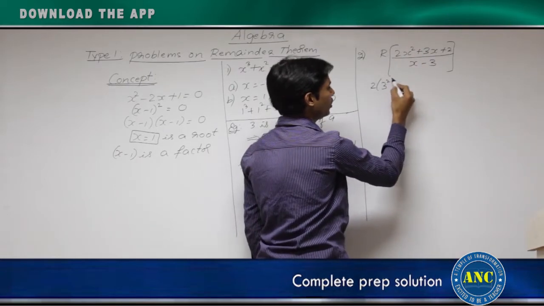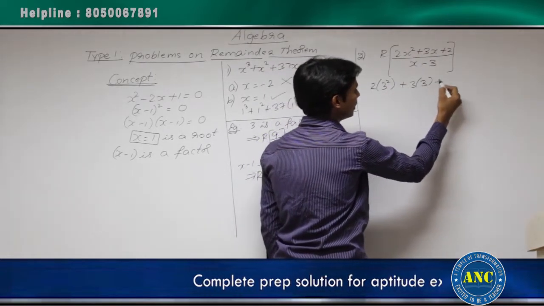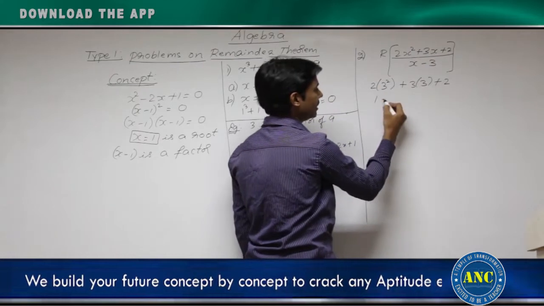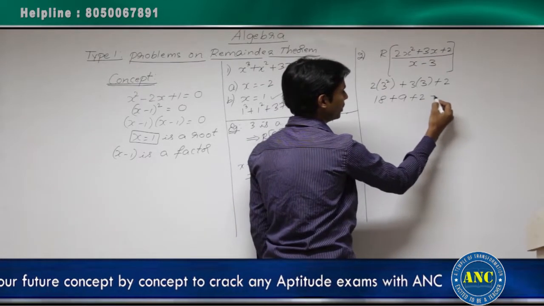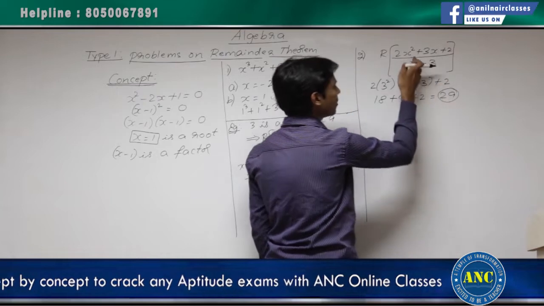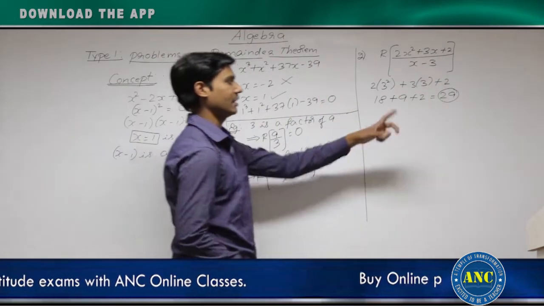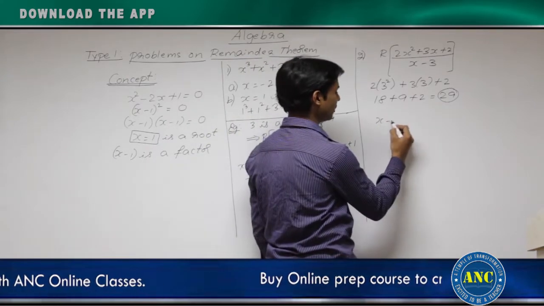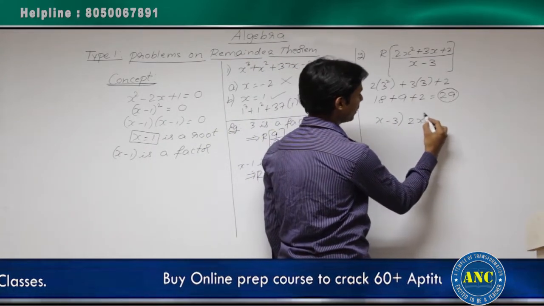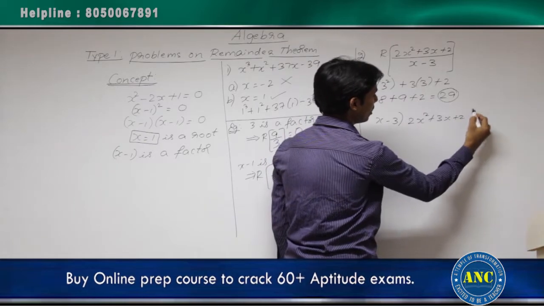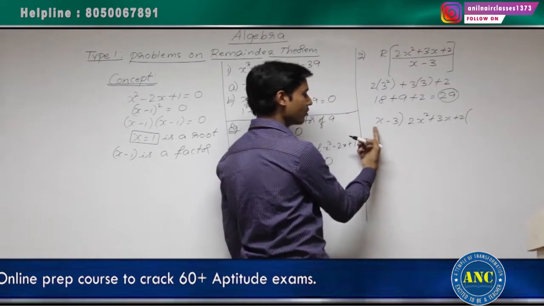So it is 2 into 3 square plus 3 into 3 plus 2. 9 into 2 is 18. 18 plus 9 plus 2 is 29. The remainder when 2x square plus 3x plus 2 is divided by x minus 3 is 29. You actually need not solve in this method, sir. x minus 3, 2x square plus 3x plus 2. If I divide it, here it is 2x square, here it is x.